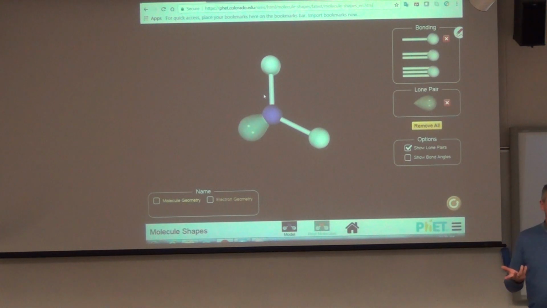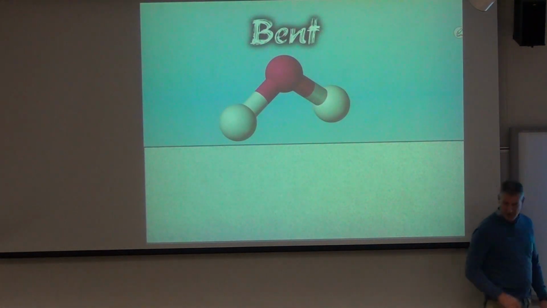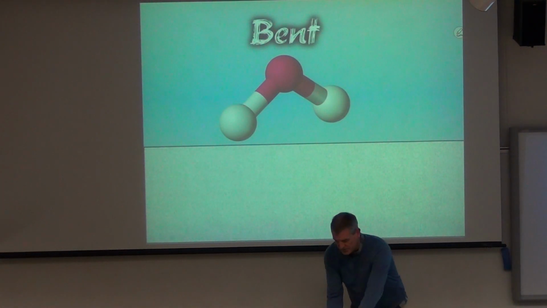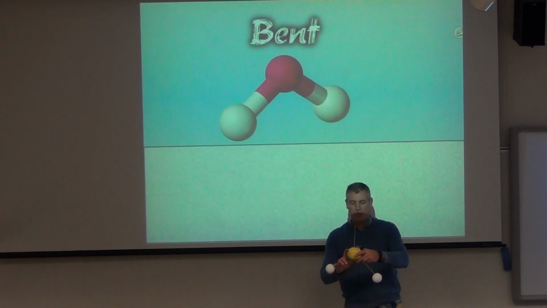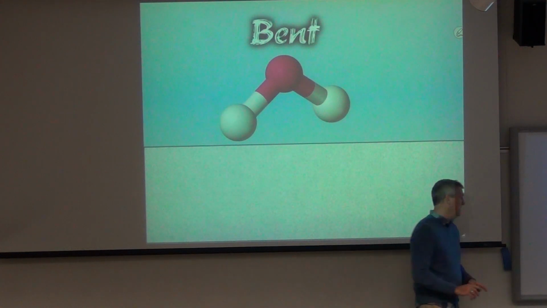The very minor difference is that our lone pairs repel just a little bit more than our bonding pairs do. And so our angle, instead of being 120, is going to be just slightly less than 120 degrees, because when we have a lone pair here, it's going to push these guys a little bit further away, which is going to force them a little bit closer together.